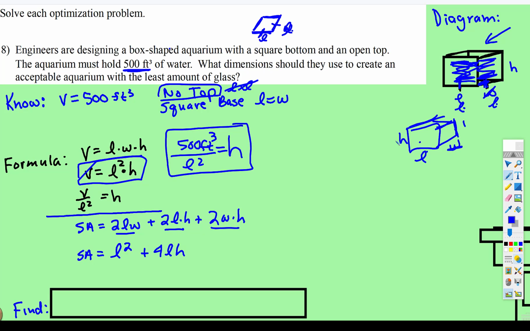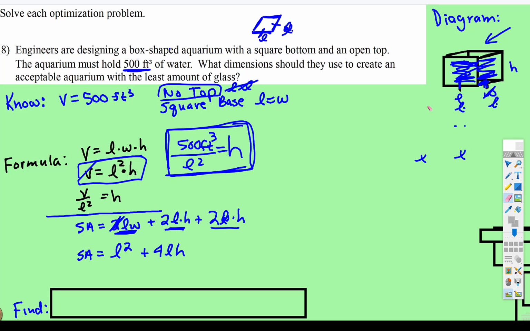But in this case, we don't have the top that we have to worry about, so that cancels. And we know that W and L equal each other, so instead of W, I can put an L. Now look, we have two L times H's and two L times H's. So surface area is L squared plus 4LH, and this is why we needed to know the H. It's because we've got L's we're dealing with. We don't want to deal with an H.